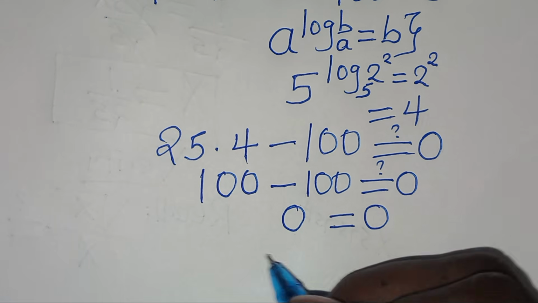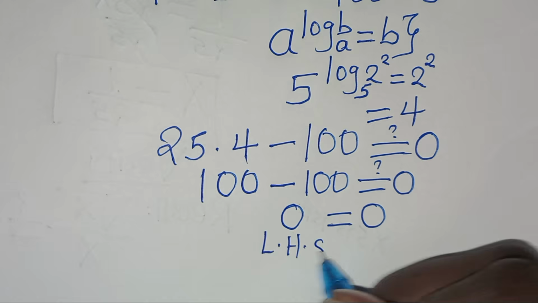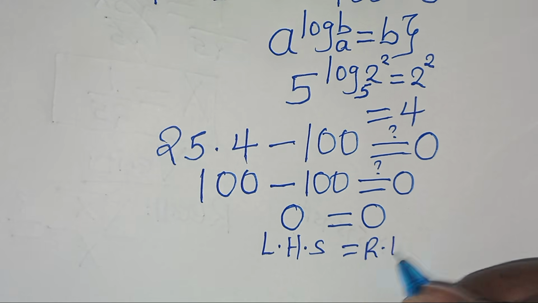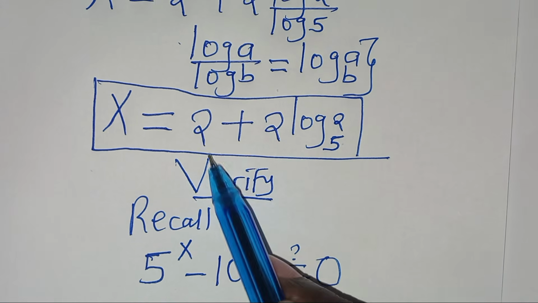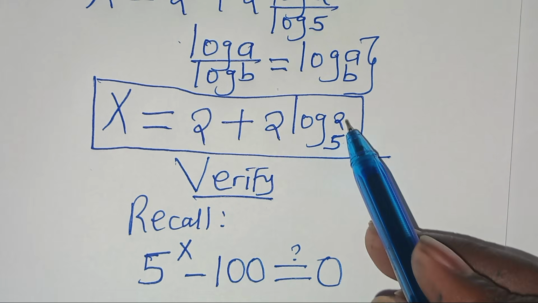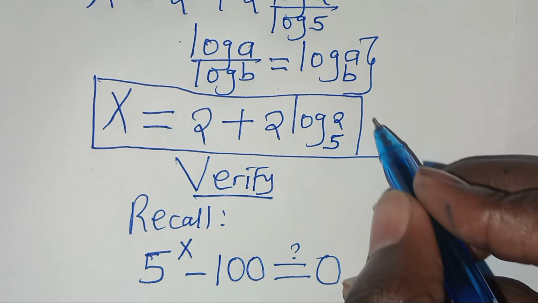So this means that the left hand side is equal to the right hand side. And this affirms that the value of x here, which is 2 plus 2 log 2 to base 5, actually satisfies the equation.